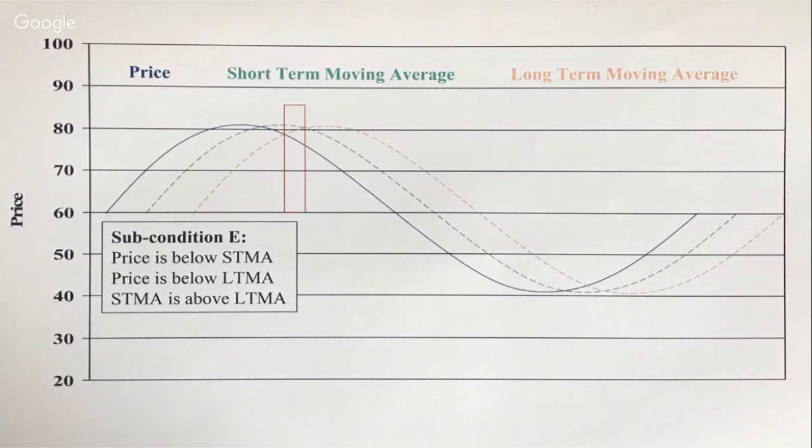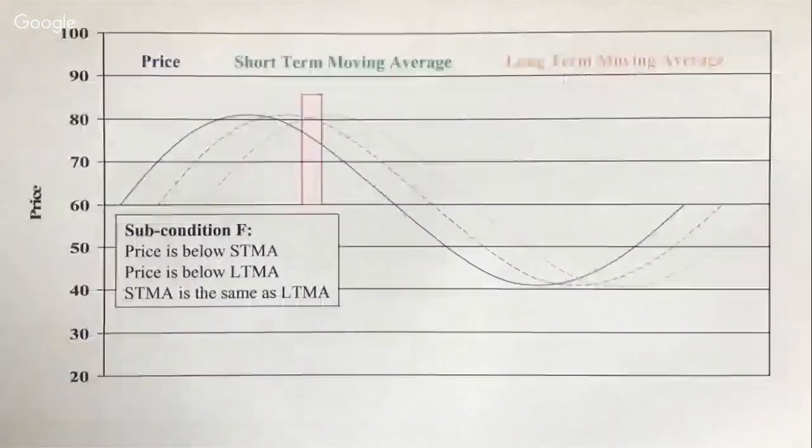It's already turned the short term flat to down. The long term is still rising. Next, F. Price is below short term, price is below long term. Short term is now cutting back down through the long term. It's the same as the long term.